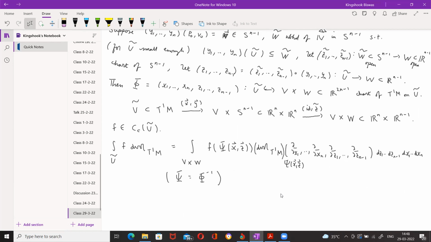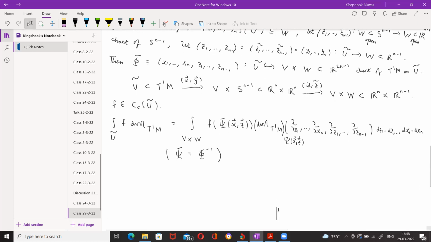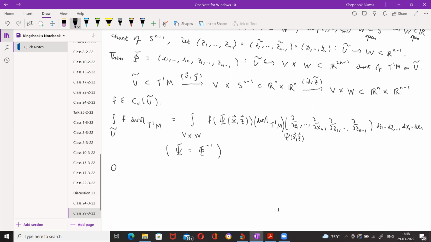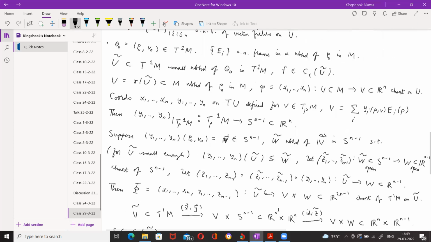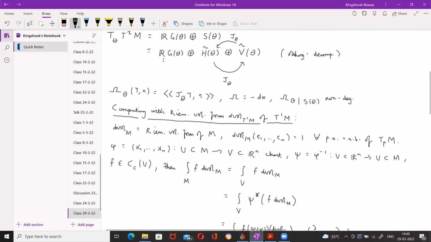So if I take a point theta equal to psi of xz, which is equal to say PV, with mod V equal to 1 here, then I use the decomposition that I had here, that the tangent space to T1m at theta was R G theta orthogonal direct sum H tilde theta orthogonal direct sum V tilde theta.